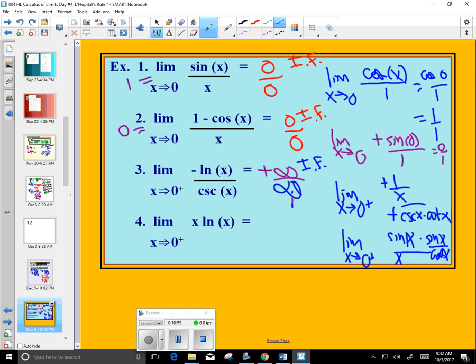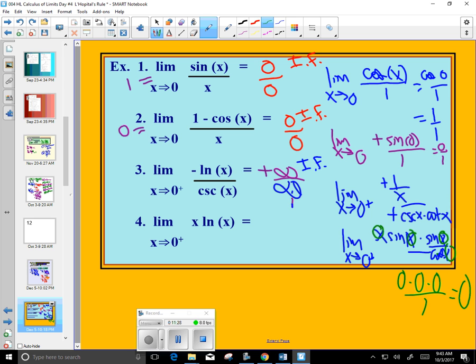So when you put a 0 in for this rascal, what's the sine of 0? 0. So all of these zeros, and what's cosine of 0? 1. So we don't have an x in the denominator. We have 0 times 0 times 0 over 1, which is what? 0. So that limit is 0.